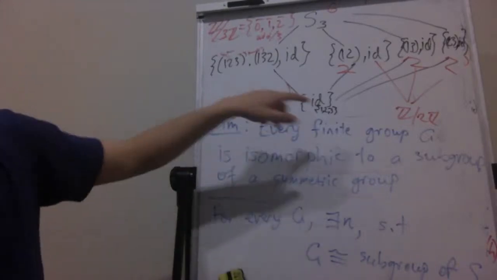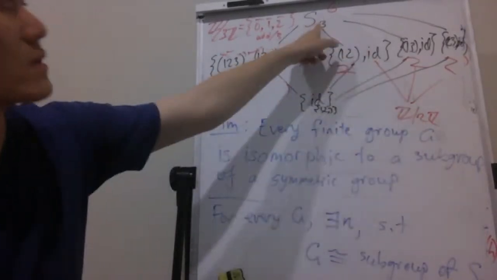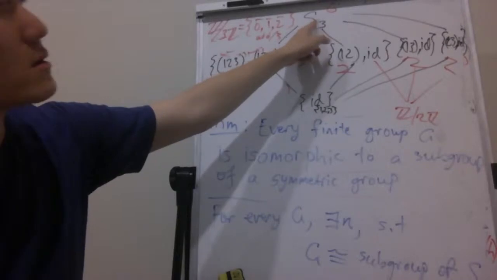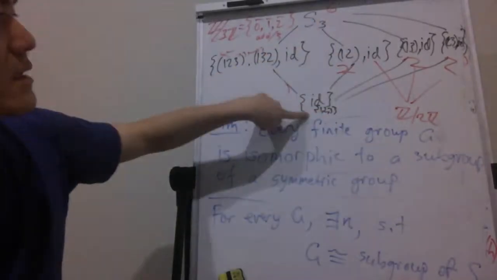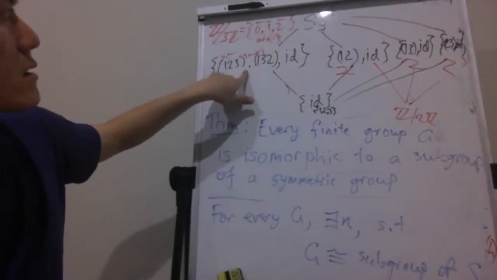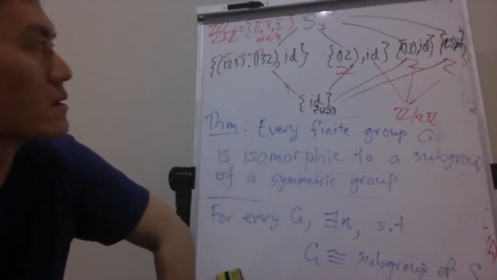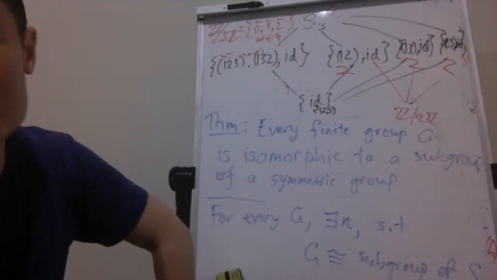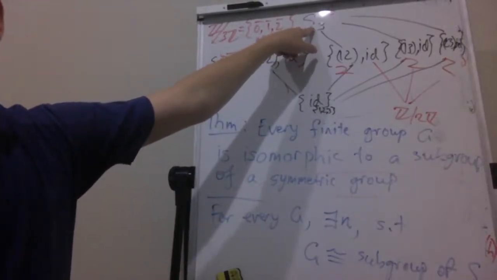So, for example, this group here, Z mod 2, is a subgroup of S3, or rather it's isomorphic to a subgroup of S3. The identity is isomorphic to a subgroup of S3. Z mod 3 is isomorphic to a subgroup of S3. If you think of any finite group at all, it's kind of trippy. S3 is also isomorphic to a subgroup of S3.